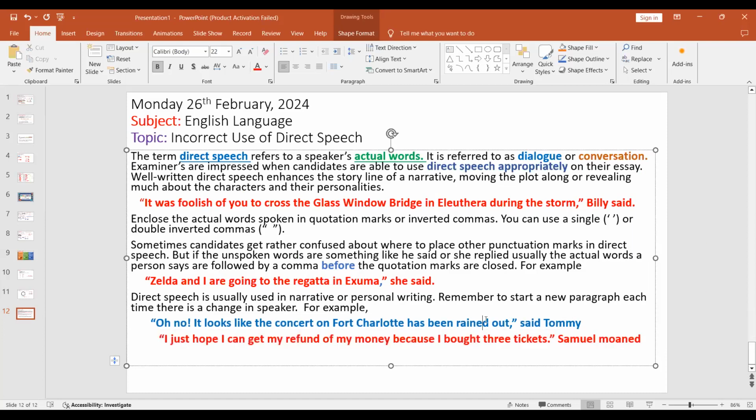So whenever you have a new person speaking, you have to add a new paragraph and indent the same way. Does that make sense? Okay, good. So we still have some other important rules to learn.